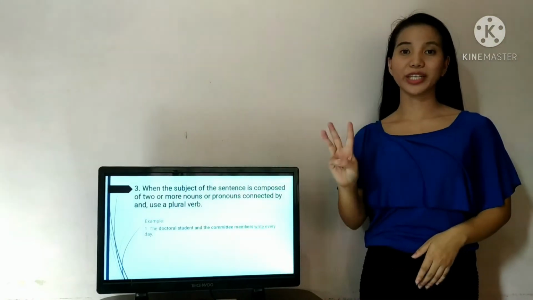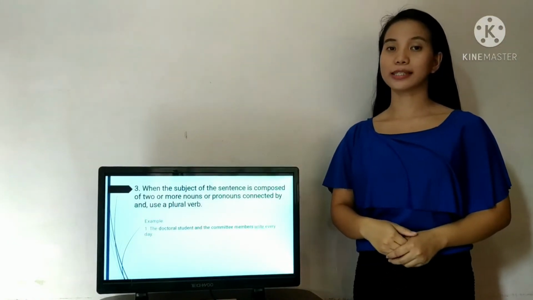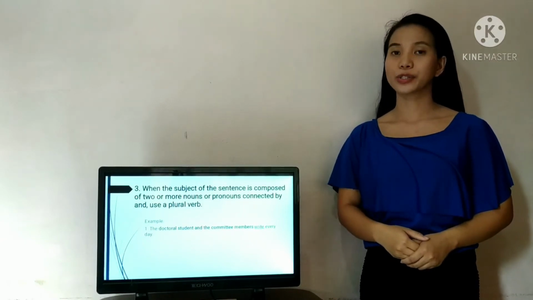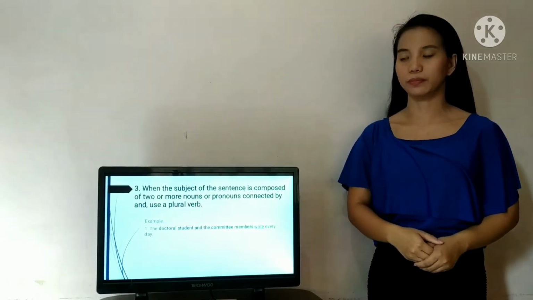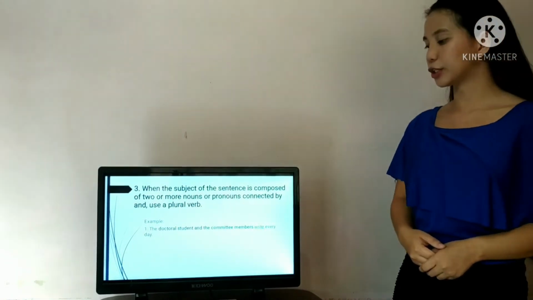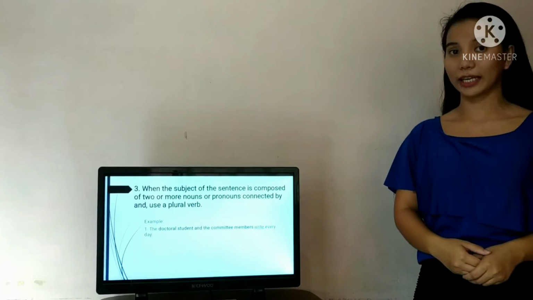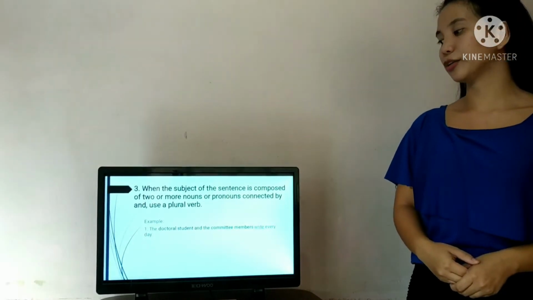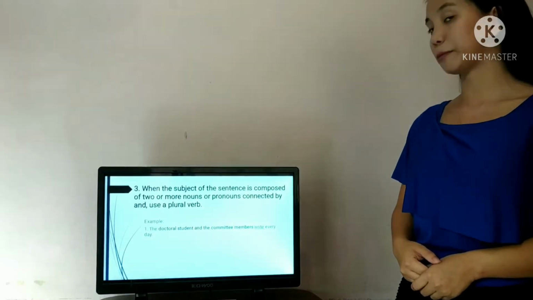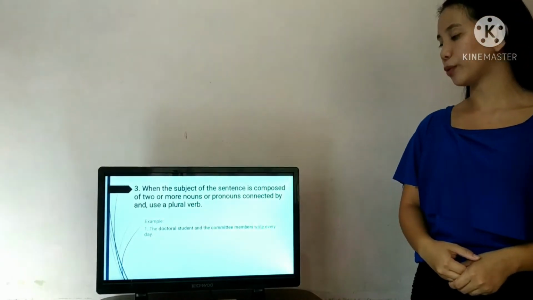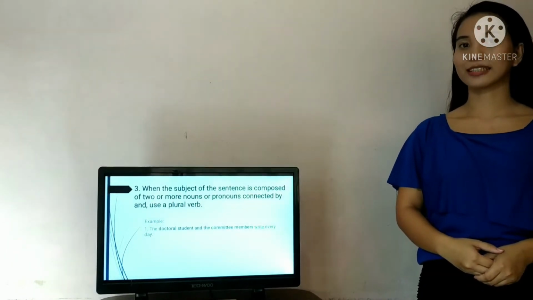Rule number 3 says, when the subject in the sentence is composed of 2 or more nouns connected by and, use the plural form of the verb. In our example, the doctoral student and the committee members write every day. The 2 nouns connected by and in the sentence are doctoral student and committee members. Since our subject is plural, it takes the plural form of the verb, which is write.